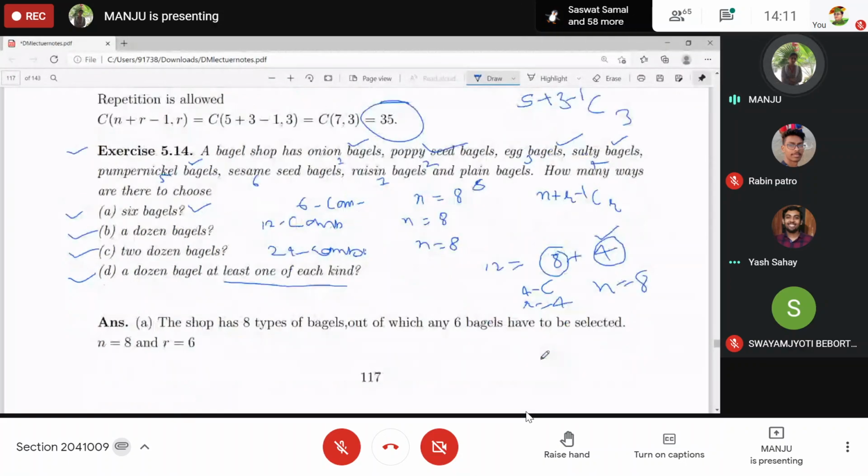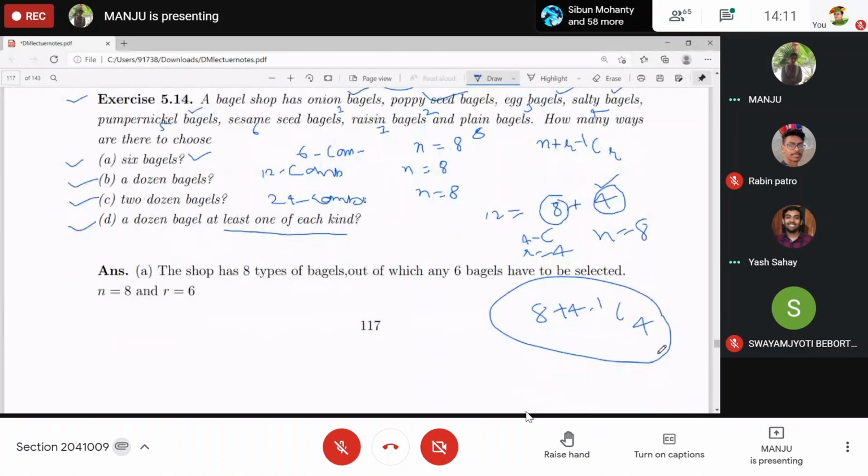That is 8 plus 4 minus 1, C4. This much number of bagels for this one, and one number of this one. So 1 into this one. It will be 11C4. So finally you got 11C4.